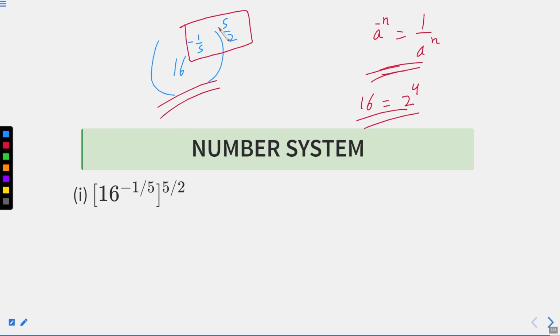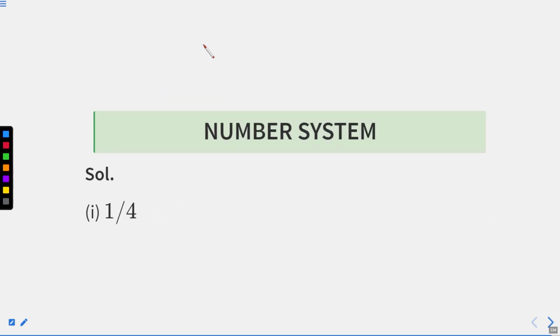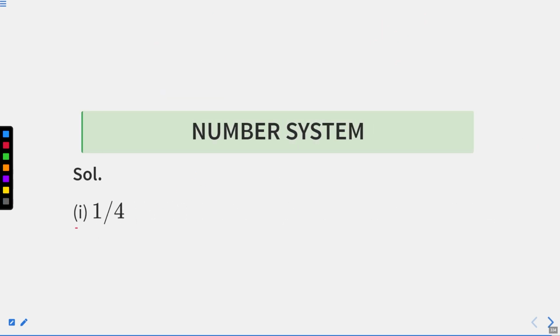Please be careful for this step. Okay, now the answer would be like this. I hope you will get the answer without facing any difficulty. Okay, let's do the next.